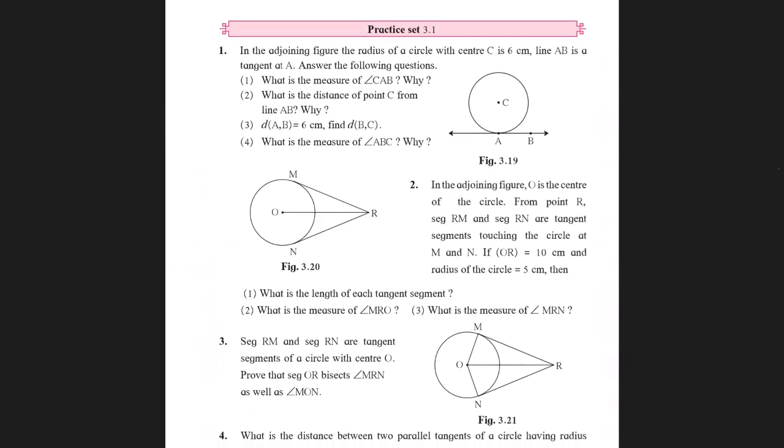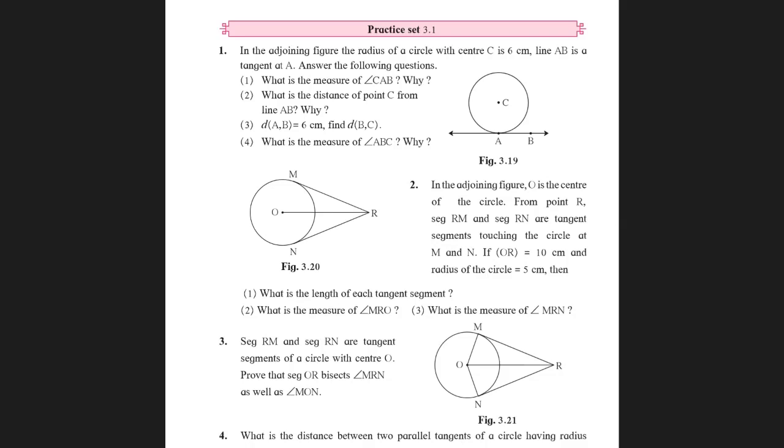Now, first question in this exercise 3.1: in the adjoining figure, the radius of a circle with center C is 6 centimeter. So when they say radius is 6, it means the distance CA is 6 centimeter. Line AB is a tangent at A. Answer the following questions.